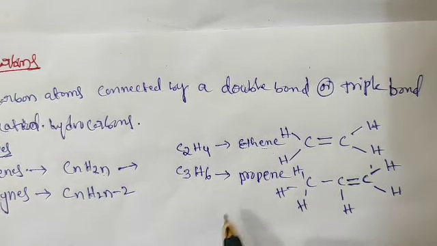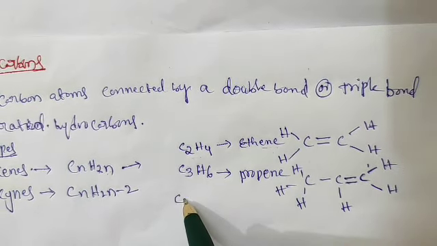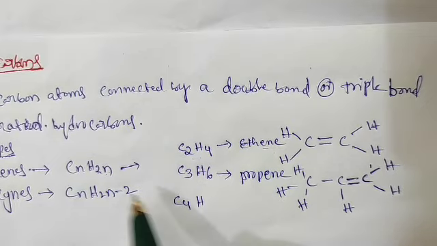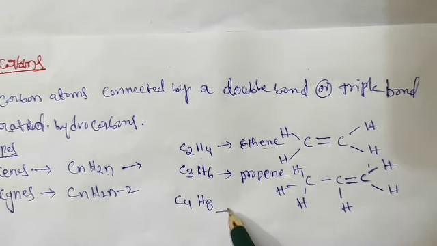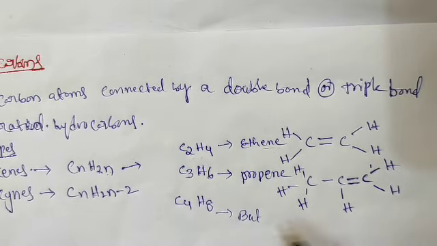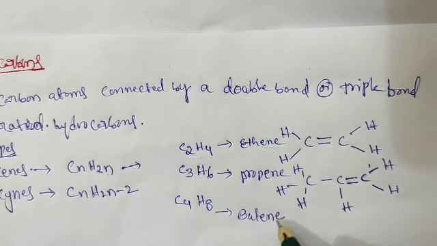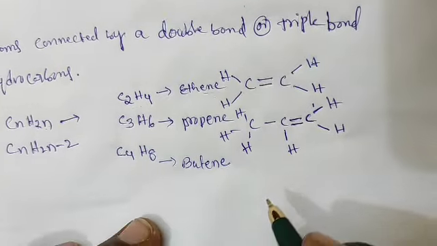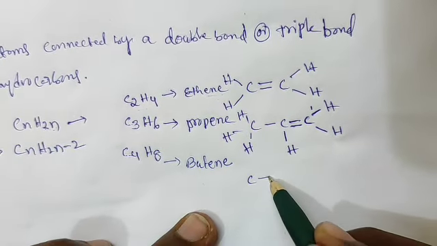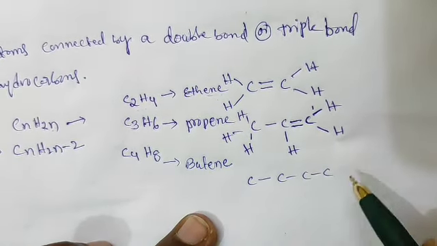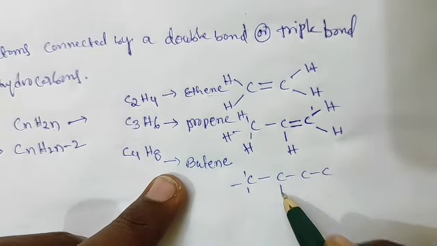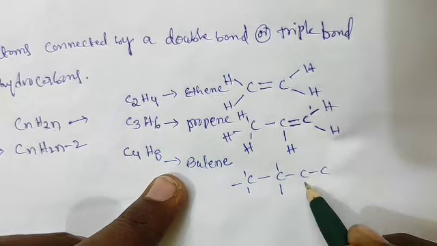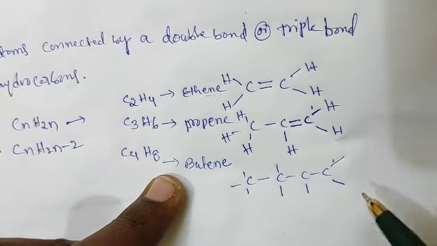So this is propene. Next, C4H, how much? 4 into 2 is 8, H8. So this is butene. Structural formula of butene: 4 carbons, 8 hydrogens, 3 4 5 6 7 8.